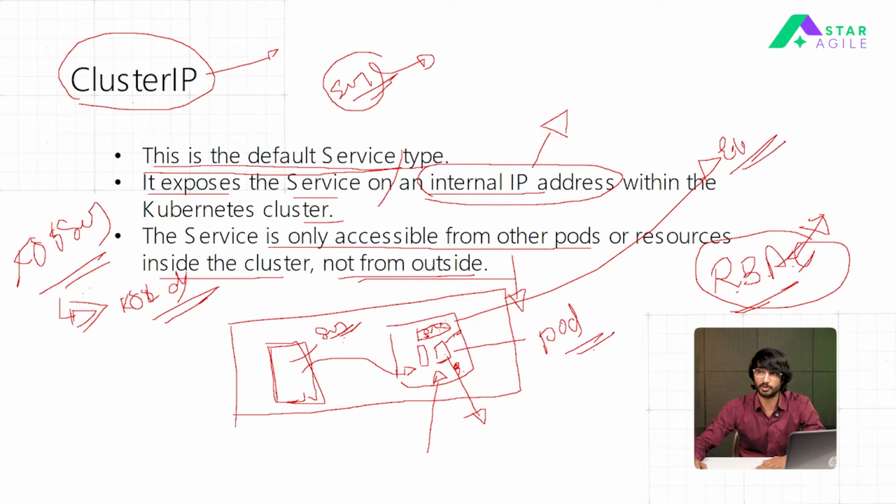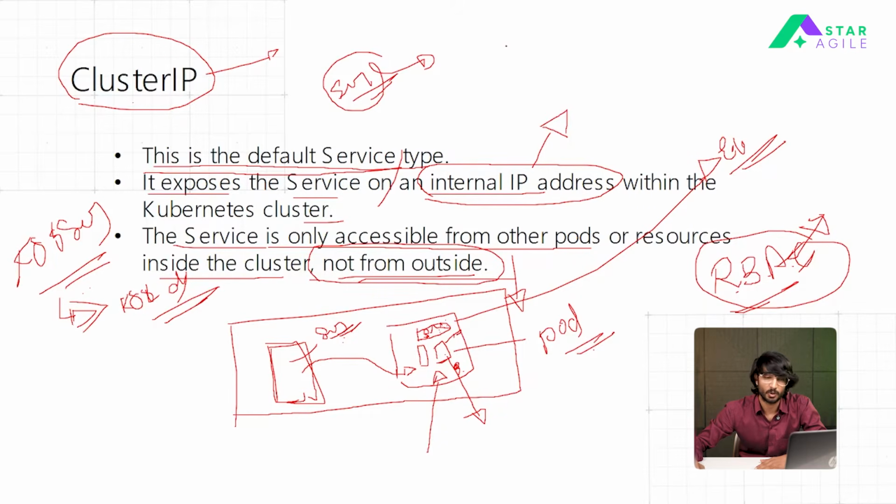Apart from solving the issues of Kubernetes deployment, we expose applications to the external world by using Kubernetes service. So that is what has been mentioned here: the service can only be accessible within the cluster, not from outside.